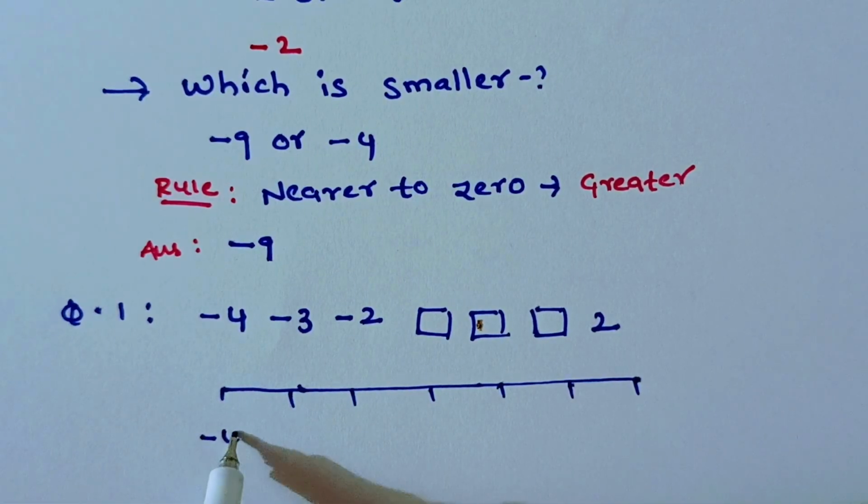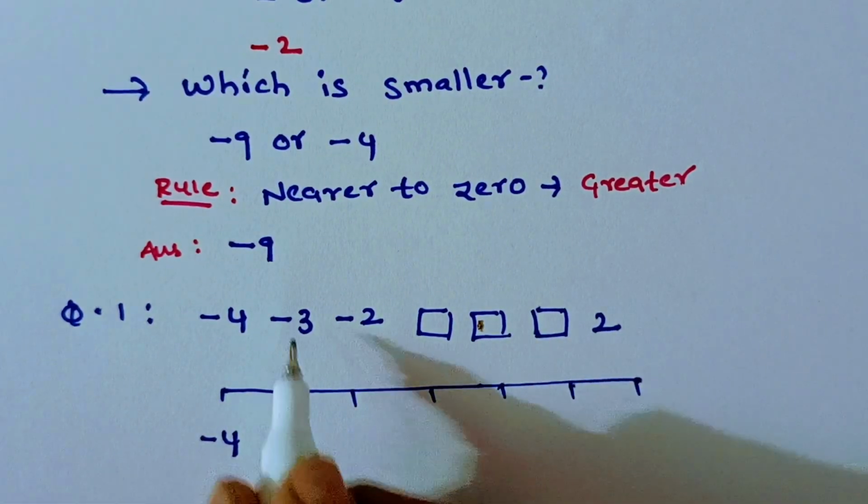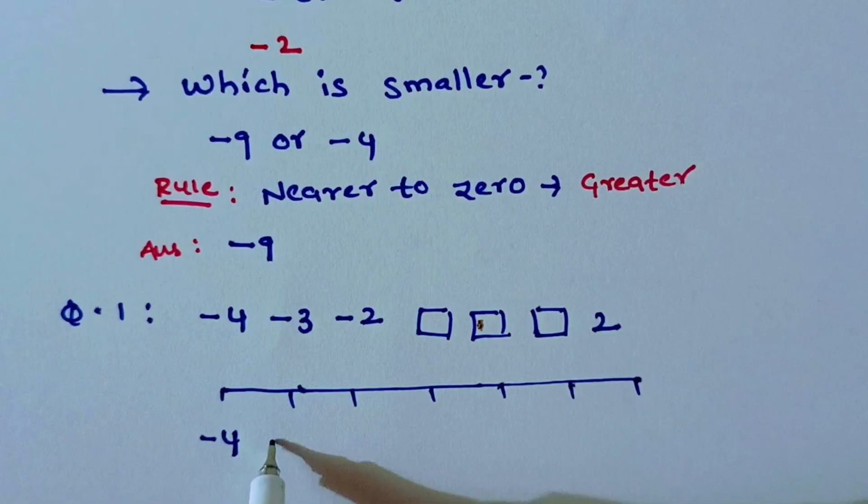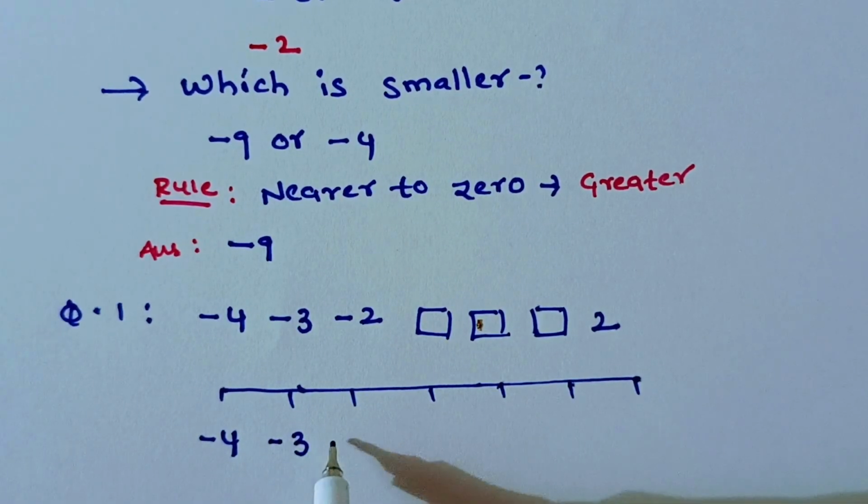Observe the pattern carefully. -4 increases by 1, -3. Then -3 increases by 1, -2.